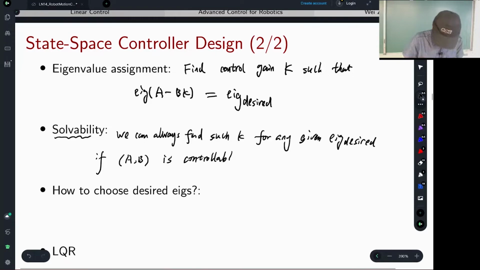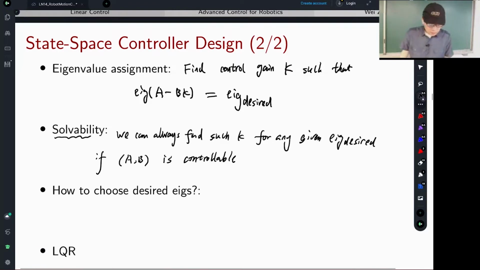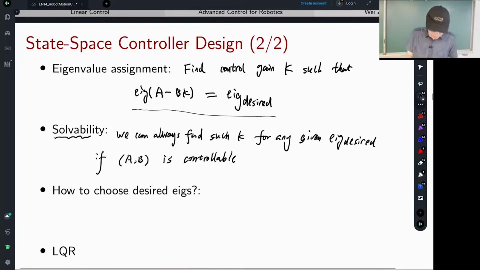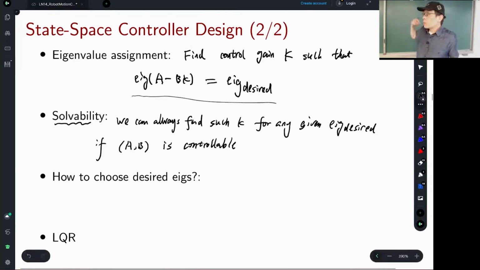Okay. If not controllable, we cannot do this for arbitrary given eigenvalues. So the design procedure becomes the following. You first need to pick what closed loop eigenvalues you need. Then you design K so that the closed loop A matrix has the desired eigenvalues.